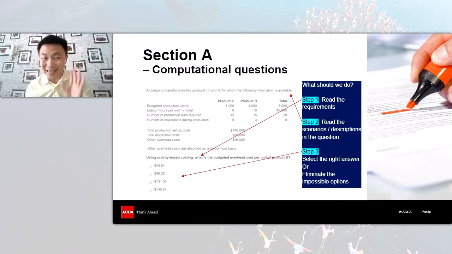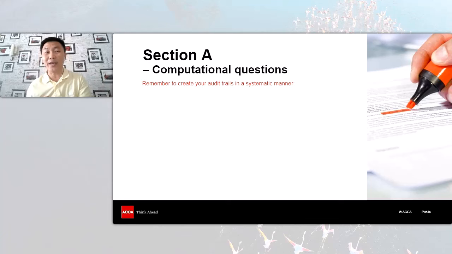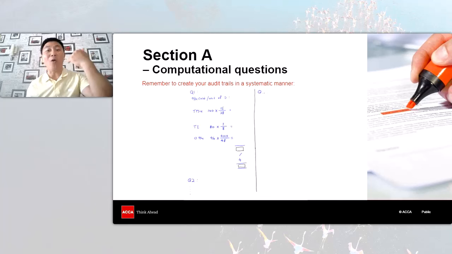How about another kind of computational question? Before you take a look at it, this is exactly how the working papers that I would leave myself look on the scrap working papers provided to me. You are always fine to write any kind of abbreviation, coding, short forms that you will understand yourself.